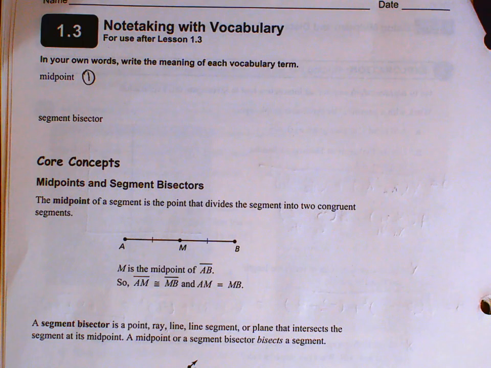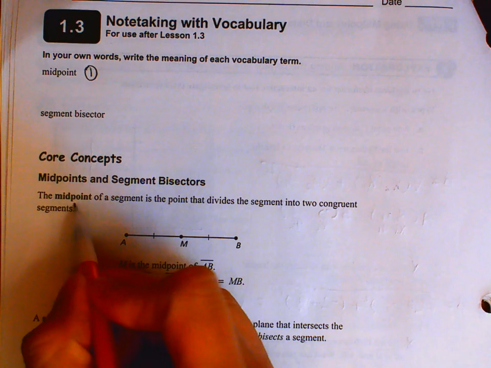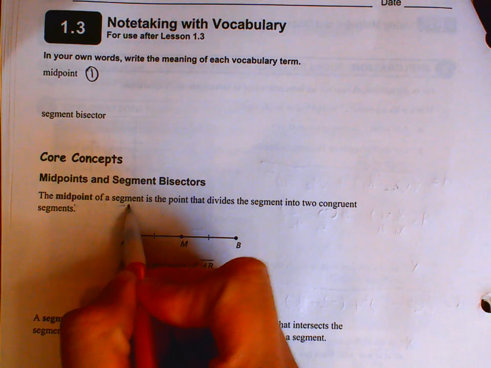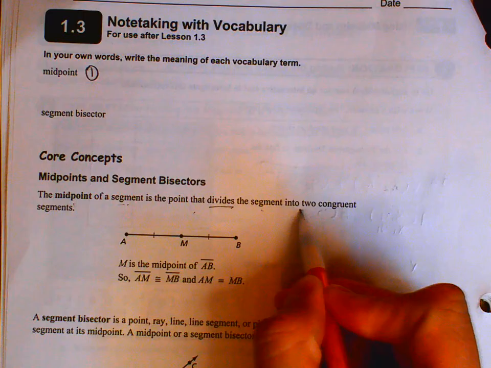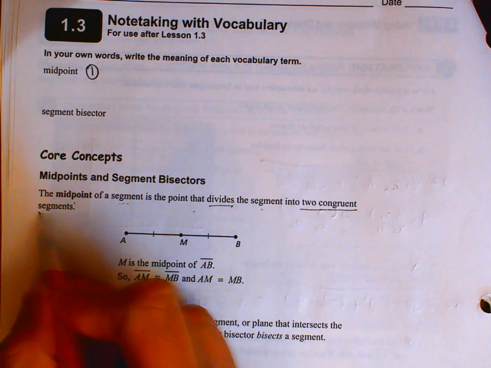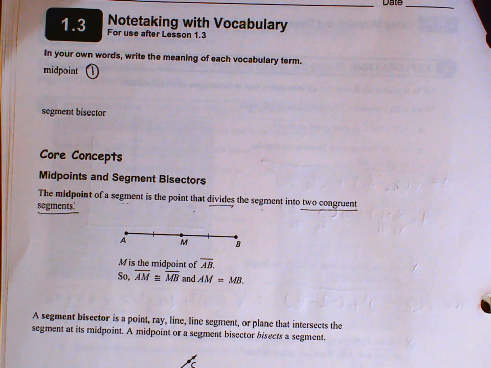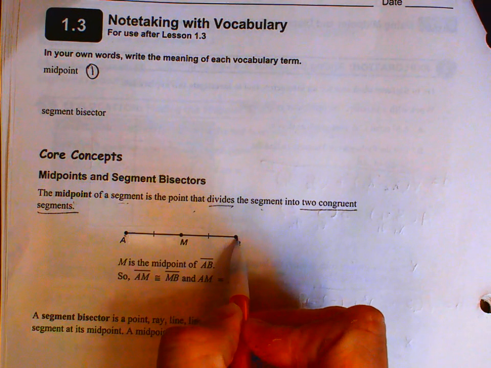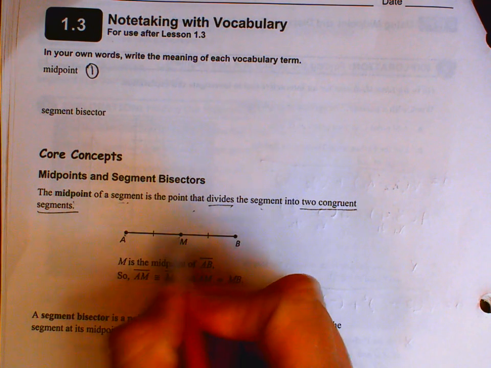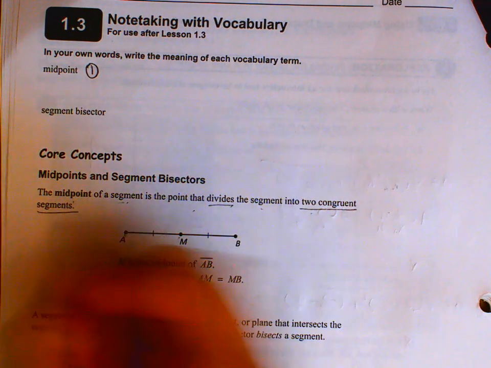Now, let's talk a little bit about midpoints and segment bisectors. The midpoint of a segment is the point that divides the segment into two congruent segments. We already talked about what congruent means in the last lesson. So here you have a segment AB, and M is the point that divides that segment into two congruent segments.